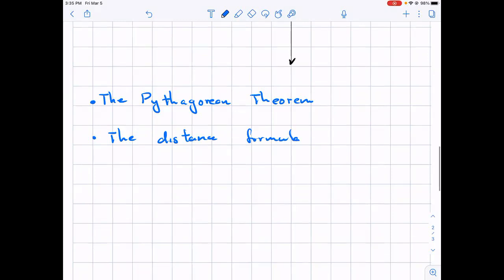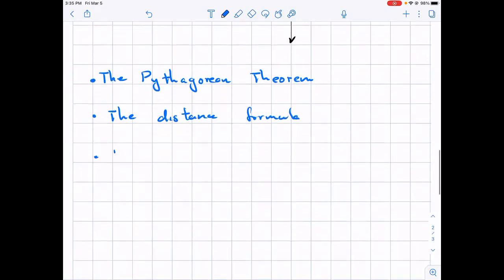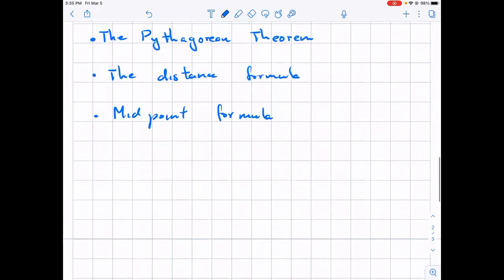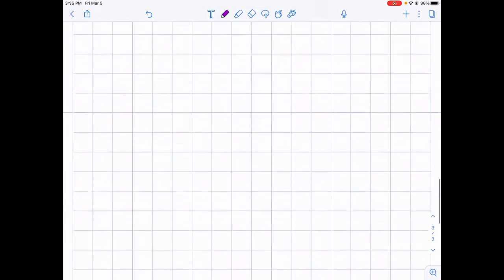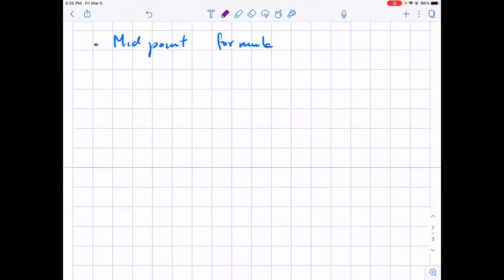We also want to talk about the midpoint formula. And we'll look at some examples of those formulas and problems relating to them. So let's start off by looking at the Pythagorean theorem.